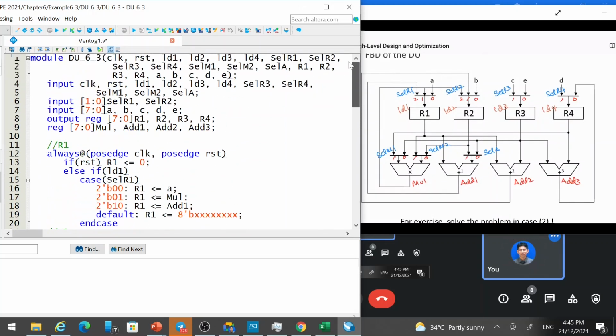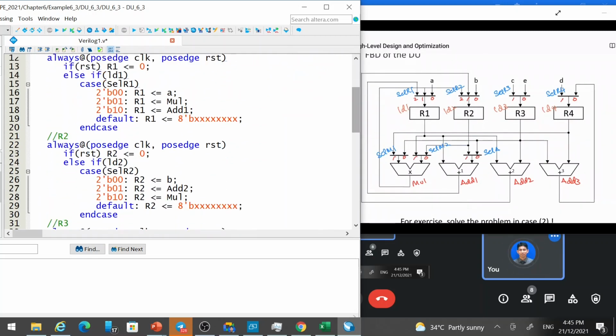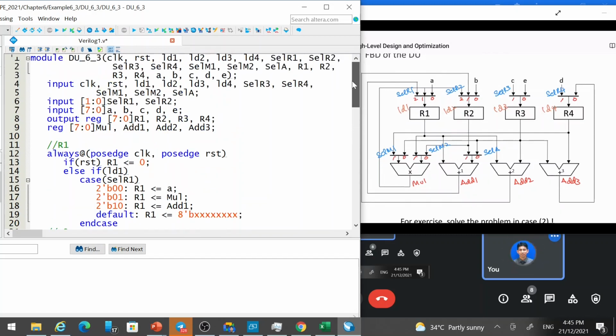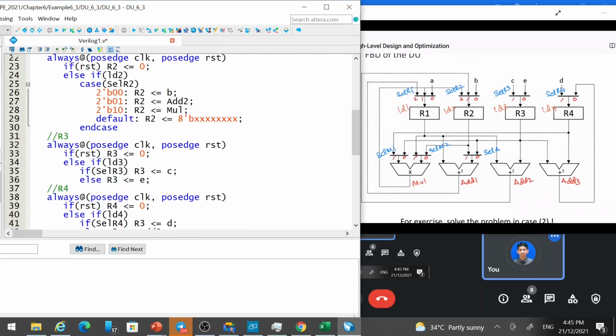So you can see that the process of translating or modeling this is actually straightforward, where we can describe block by block, starting with R1, go to R2, R3, R4, and here, and describe all the connections. And by using the Verilog HDL language, creating the circuit is a lot easier as compared to designing this using a schematic drawing, right?